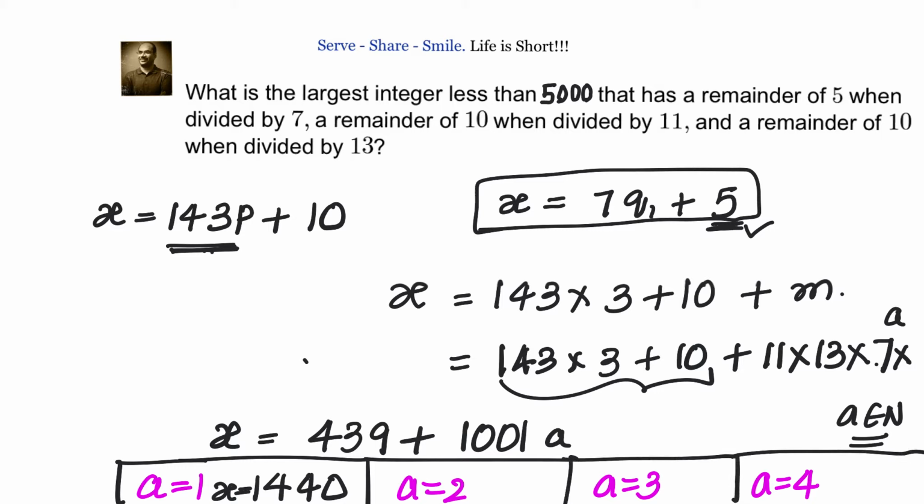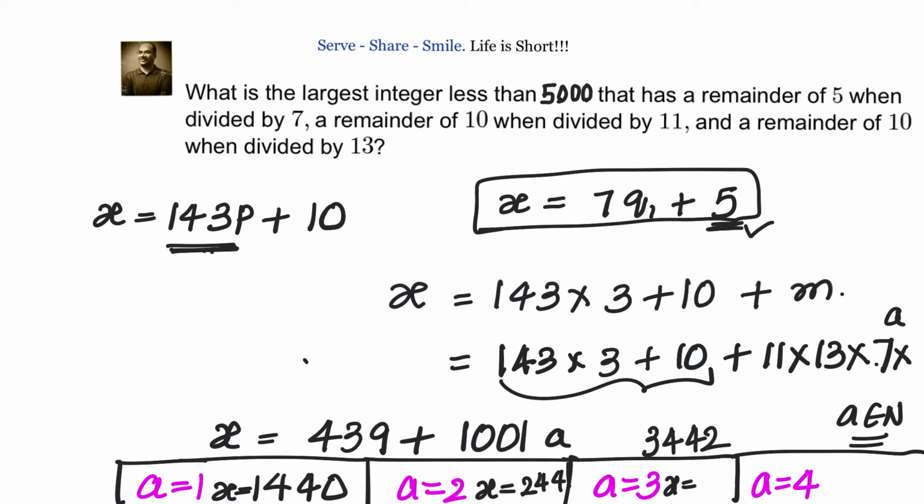When I substitute a equals 2, x equals 2002 plus 439, that is 2441. When I substitute a equals 3, x equals 3003 plus 439, that is 3442.